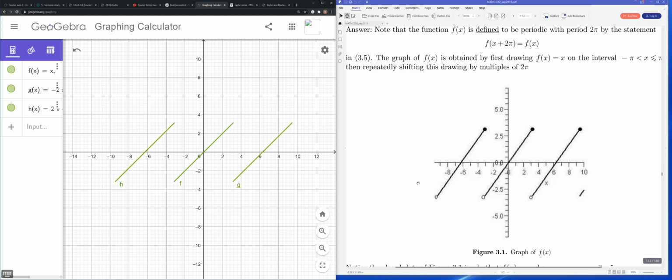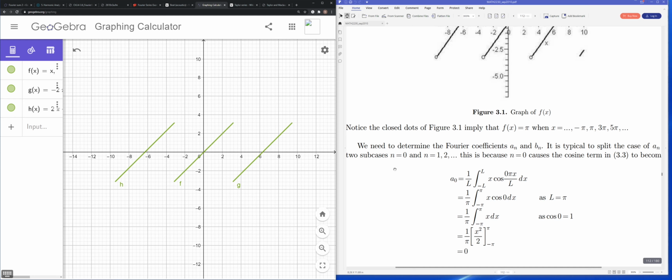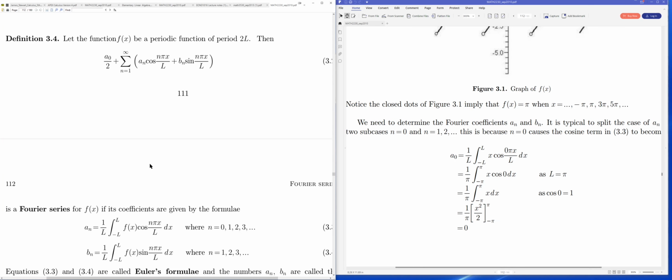And now I want to get the Fourier series, which means that I need to get these coefficients, the a's here and the b's here. The first one that you want to work out is the a0.